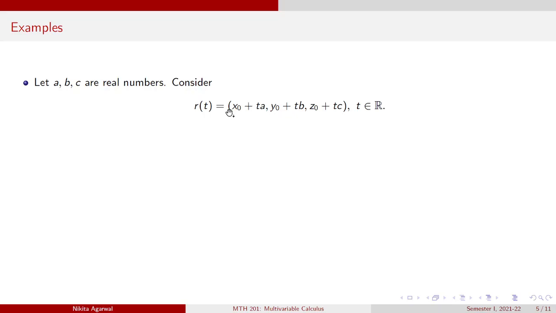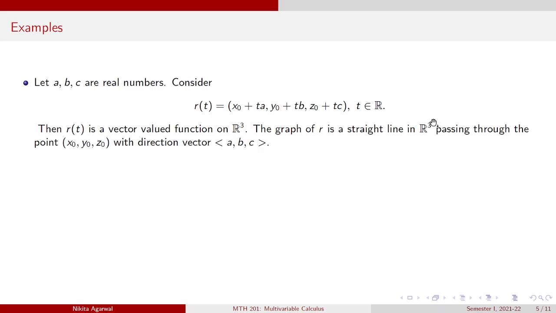Let us look at a few examples. So let a, b, c be real numbers, and consider this r(t) as (x0 + ta, y0 + tb, z0 + tc). If you think carefully, this can be written as (x0, y0, z0) + t times (a, b, c), and that's the equation of a straight line.